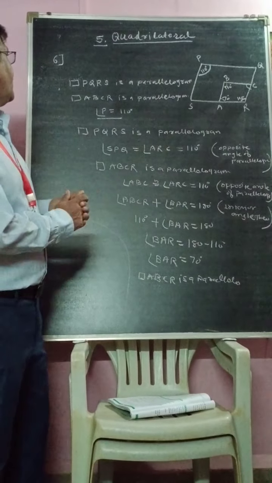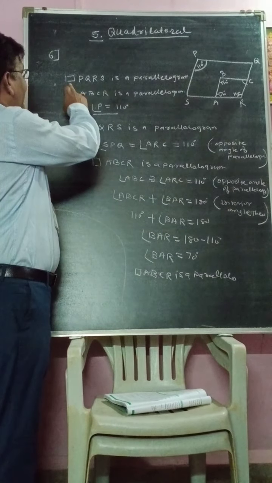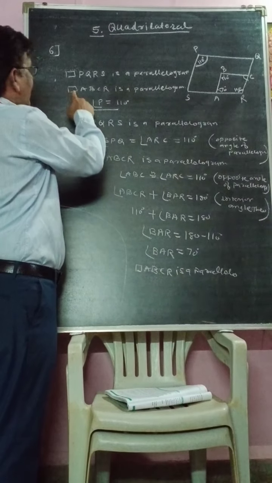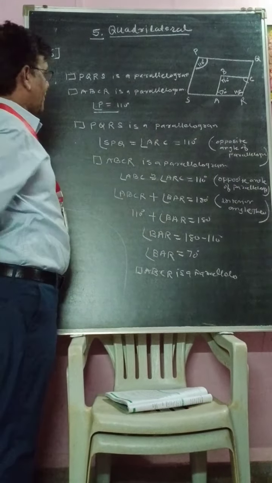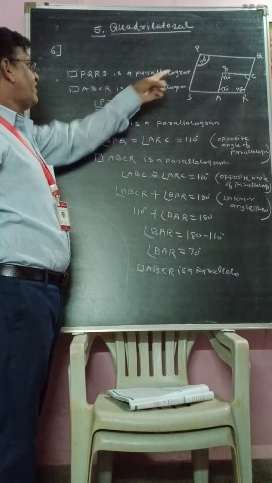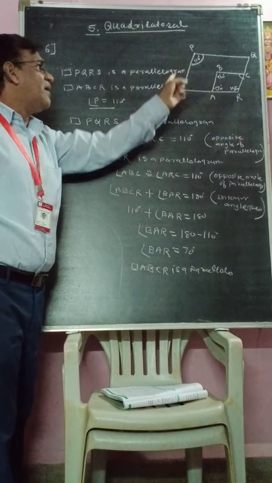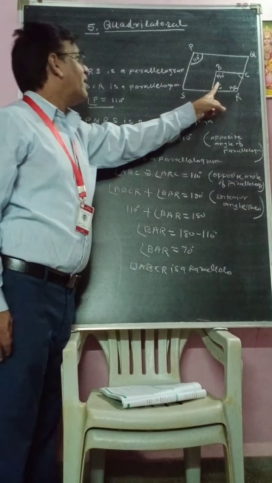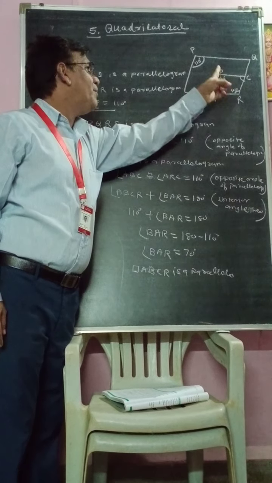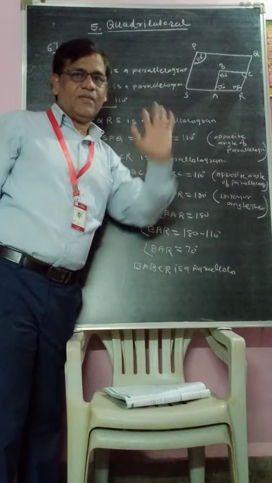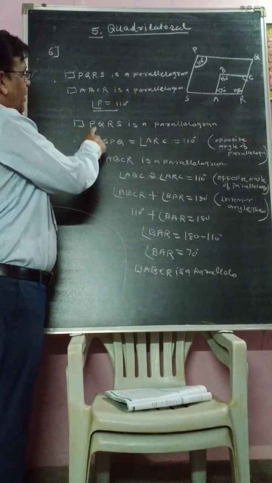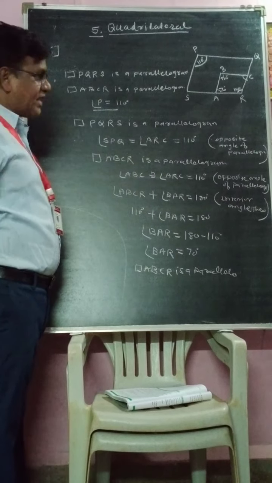See here. The given I have already written here: quadrilateral PQRS is a parallelogram and ABCR is also a parallelogram and angle P is 110. This is given to you and this diagram is given. Now you have to find out angle R, angle B, angle A and angle C. See here first, we know that quadrilateral PQRS is a parallelogram, right?